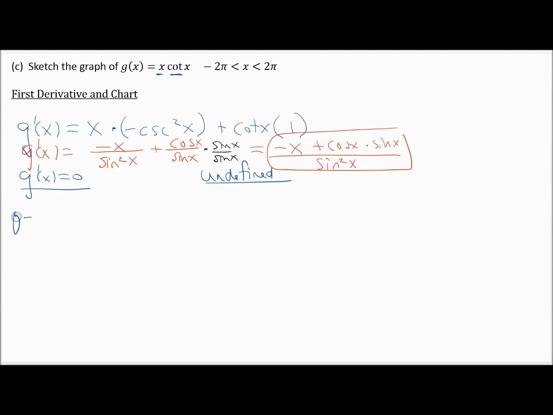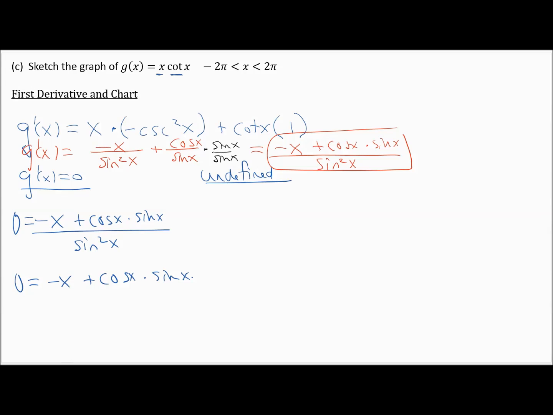I've got 0 equals negative x plus cosine of x times sine of x, over sine squared of x. Now here's where this gets fun, right? For a fraction to equal 0, you know the numerator is equal to 0. Or you just multiply both sides by sine squared of x, and that's going to give you 0 equals negative x plus cosine of x times sine of x.